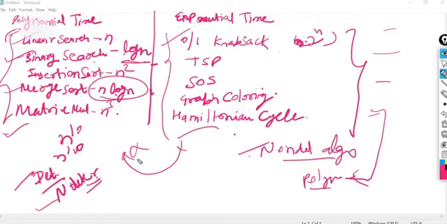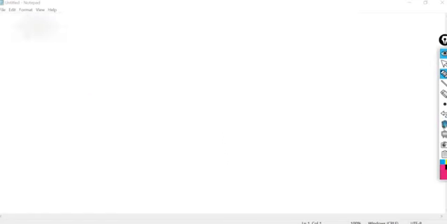So now what about the non-deterministic algorithm? How can we write the non-deterministic algorithm? I'm taking here an example. Non-deterministic means there is an algorithm, but the solution doesn't exist. Algorithm exists for a problem, but the solution doesn't exist, right?